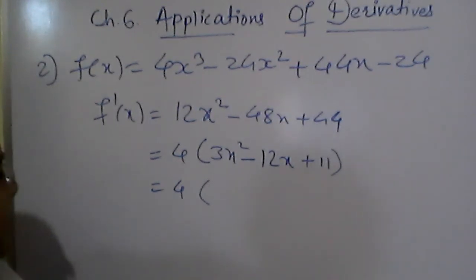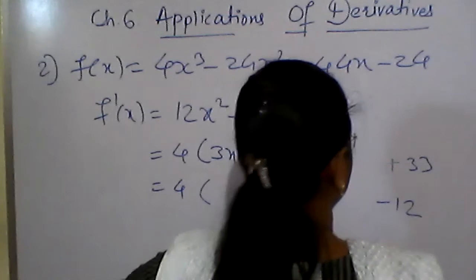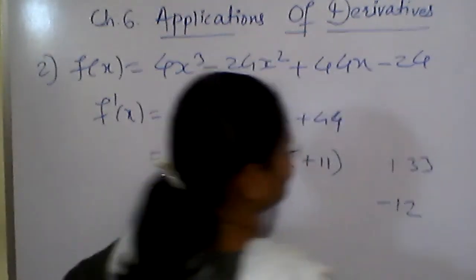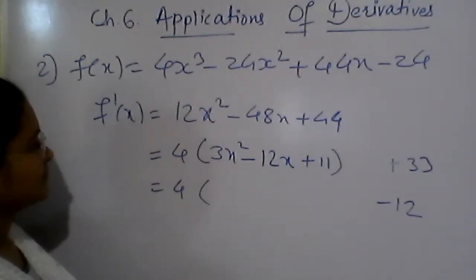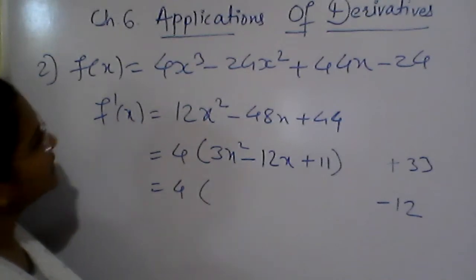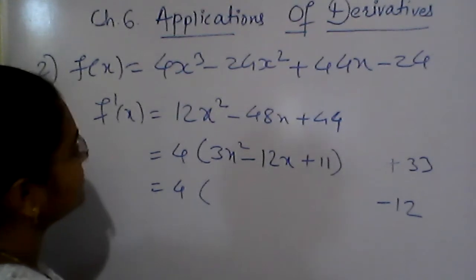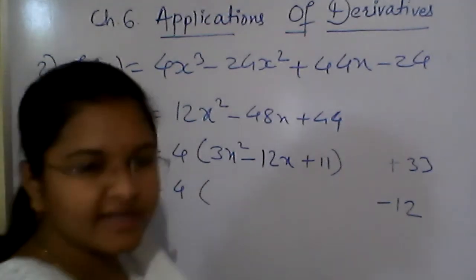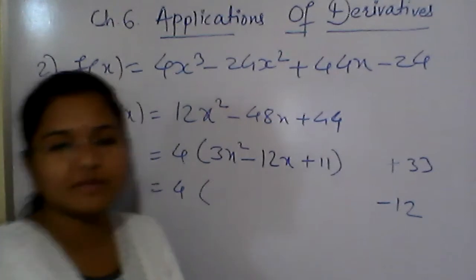What will you do? It is 33, plus 33, and the middle term needs to be minus 12. How will you do it? Not possible. Something different is coming out. Okay, find the roots by using the discriminant and all, and give both the brackets. Let's see, first solve it.